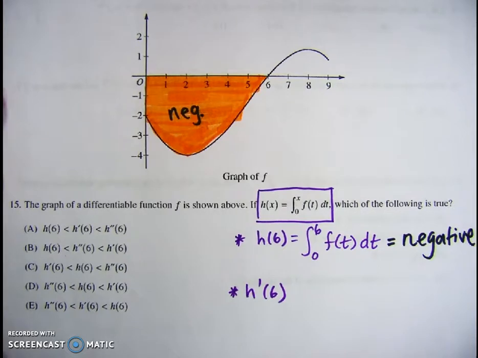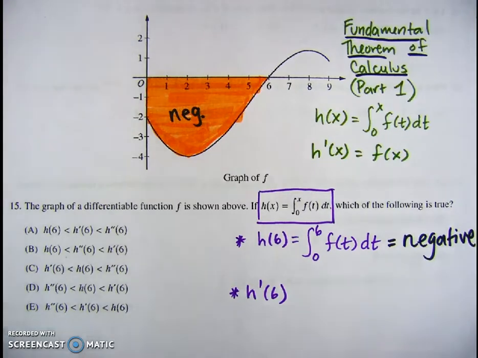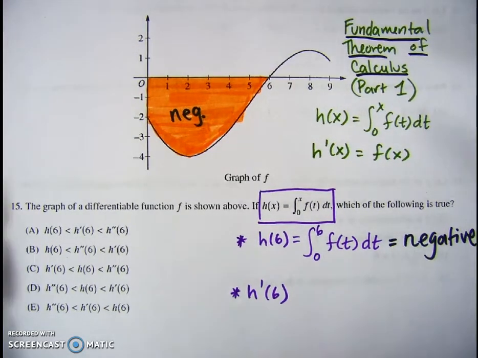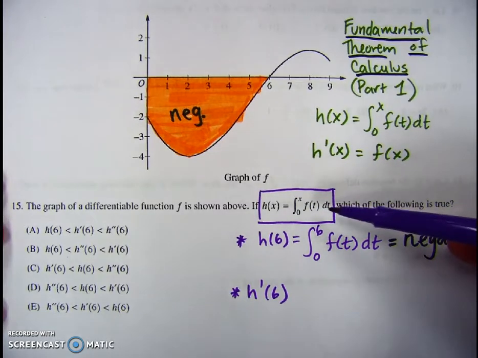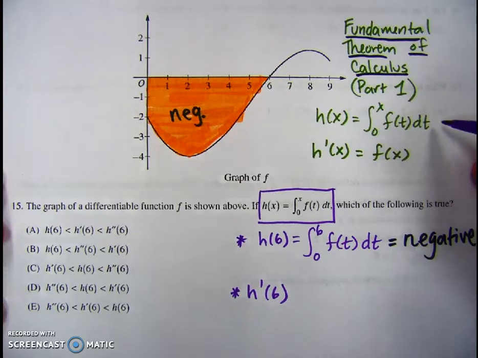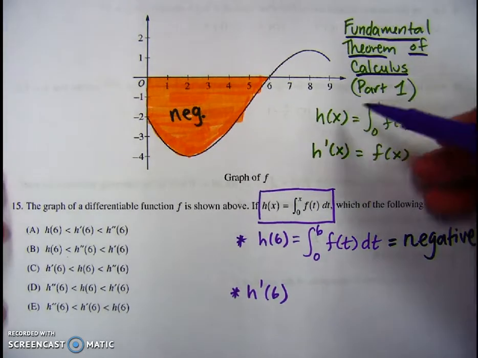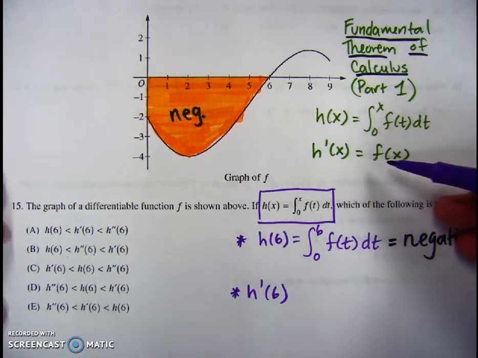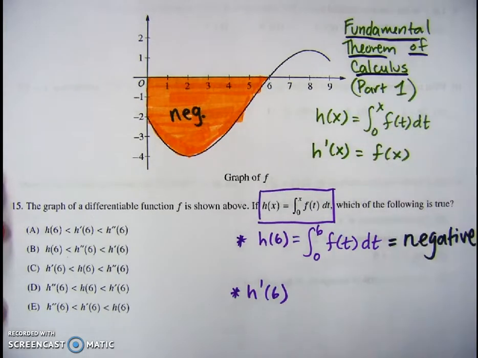Before we do this, you have to remind yourself of the fundamental theorem of calculus, part 1. So using the fundamental theorem of calculus, we can take our key, h of x equals the integral from 0 to x of f of t dt, and calculate h prime of x equals f of x.